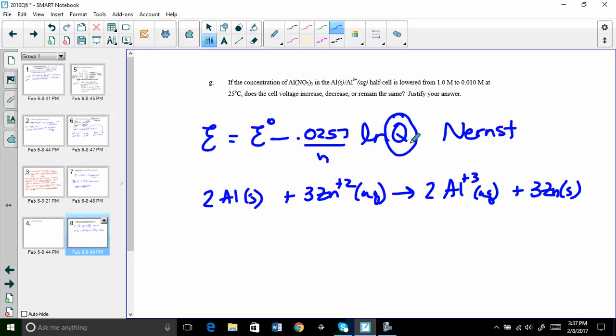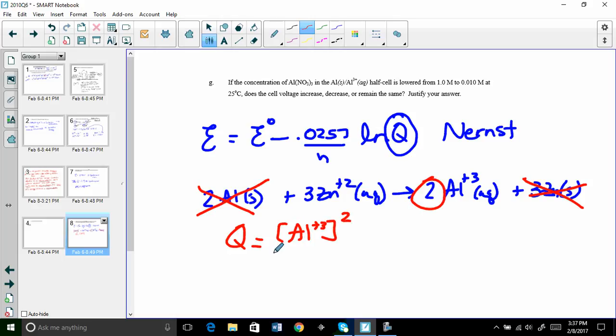Here's what Q is. Q is what you call K when you're not at equilibrium. It's calculated the same way. Now remember, what's not in the equilibrium constant? Pure solids and pure liquids. And so Q is the concentration of aluminum ions squared over the concentration of the zinc ions cubed.